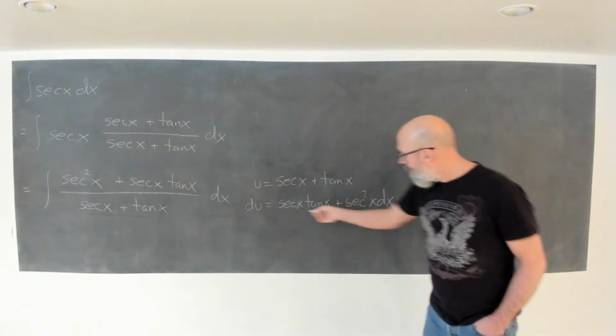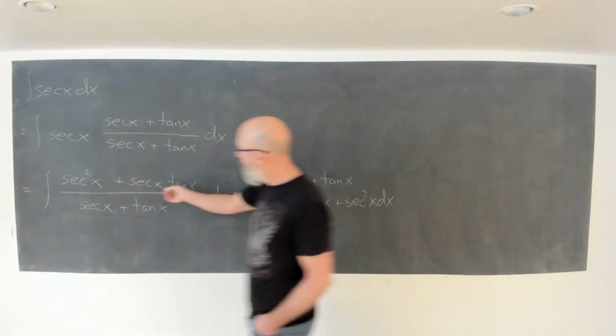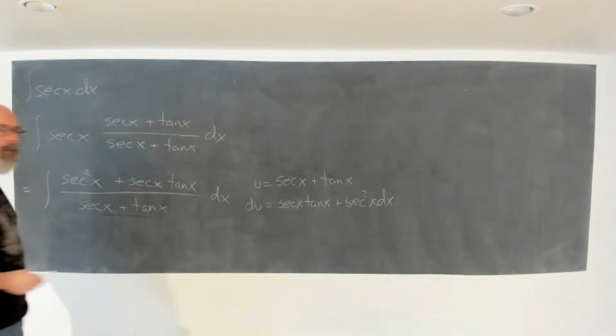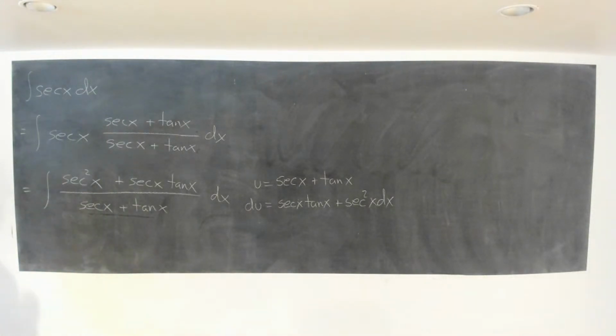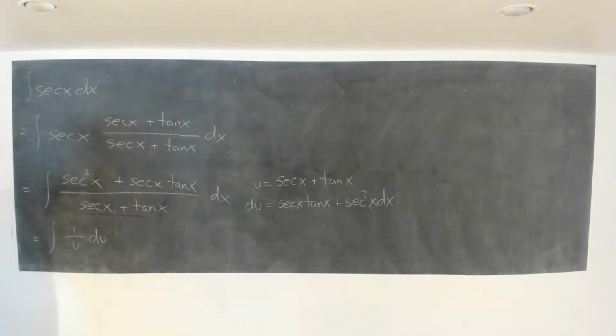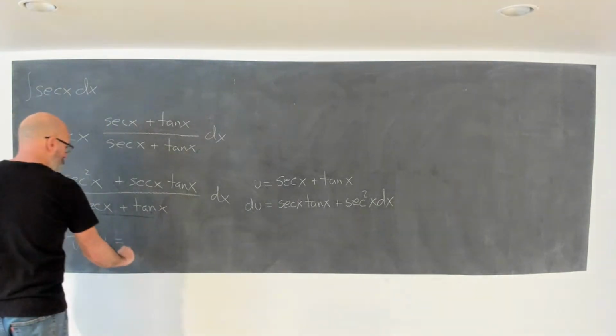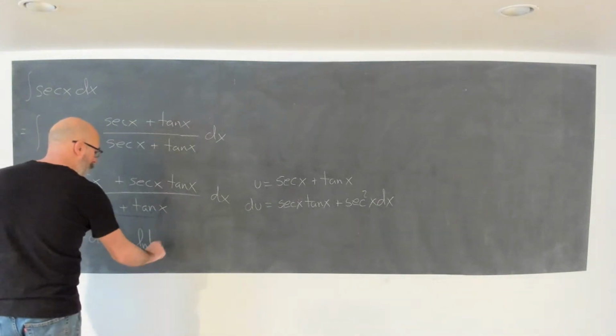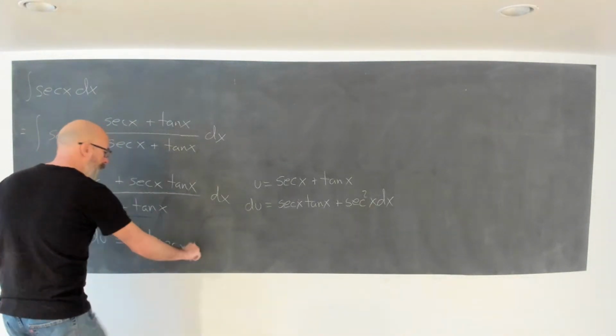And this is exactly what you have there. So this just becomes 1 over u du, which is ln of absolute value of u, or ln of secant plus tan.